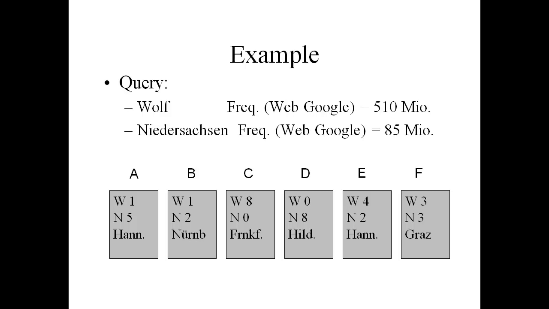Wolf is almost 10 times more frequent than Niedersachsen. So what is a better query term? What gives me more discriminatory power? Niedersachsen, yes, exactly.